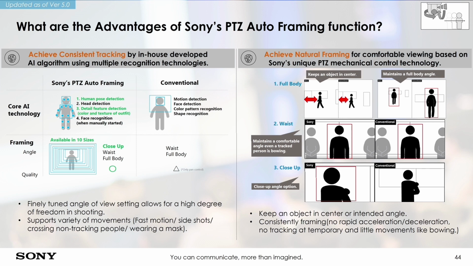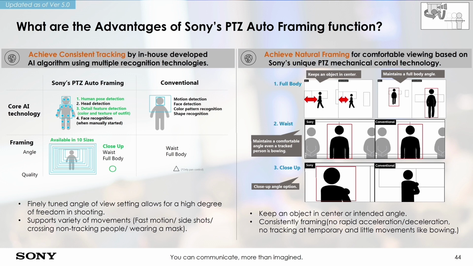Basically conventional tracking is performed by facial detection or motion detection. But Sony's PTZ auto framing is supported by human face recognition, detail feature matching, and face recognition, and also recognizes the skeleton.